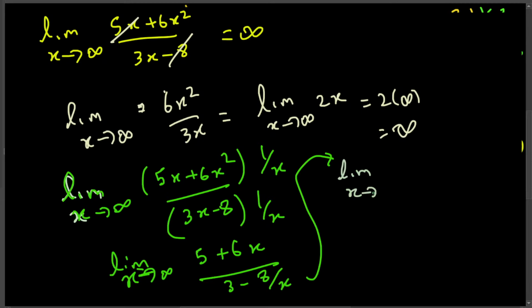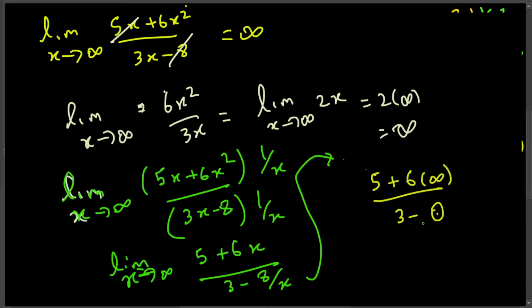So if I'm substituting, I don't have to write the limit anymore. Don't write limit here, just directly write it. So this is going to be 5 plus 6 times infinity divided by 3 minus 8 over infinity, that's 0. So I can just say 0 here.